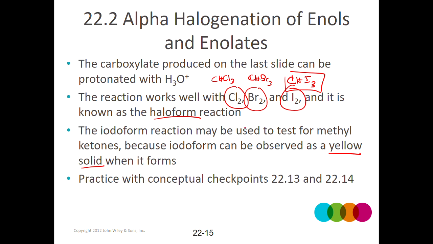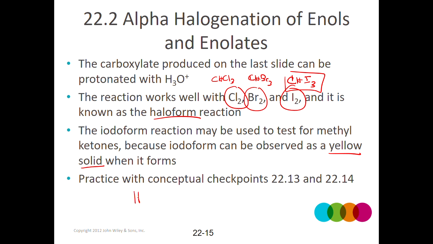And so for a long time, before we had NMR and IR and mass spec and all these really great techniques for determining the structure of a compound, they had to use these chemical tests. One of those chemical tests was the iodoform test.